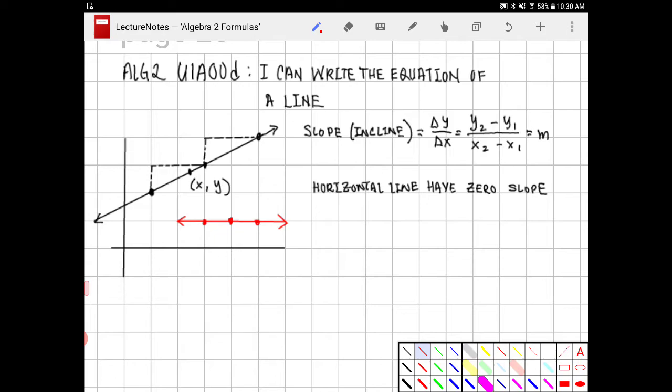Similarly, vertical lines have undefined slope. So how does that look?